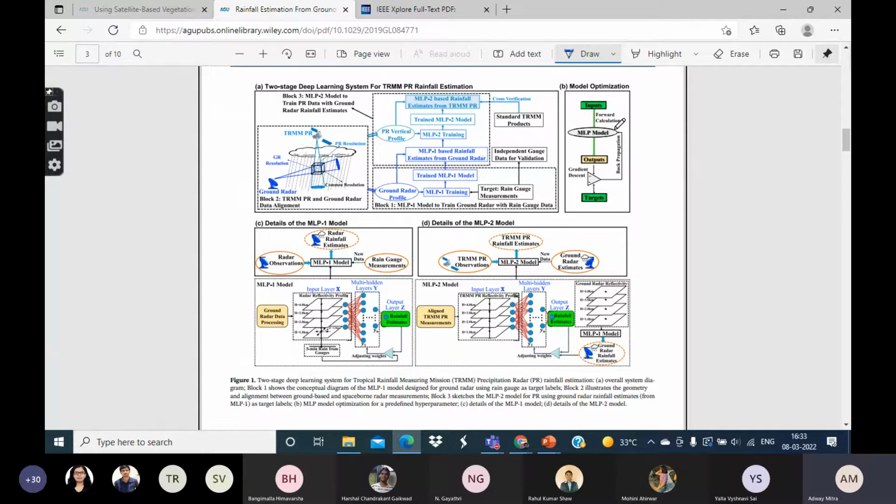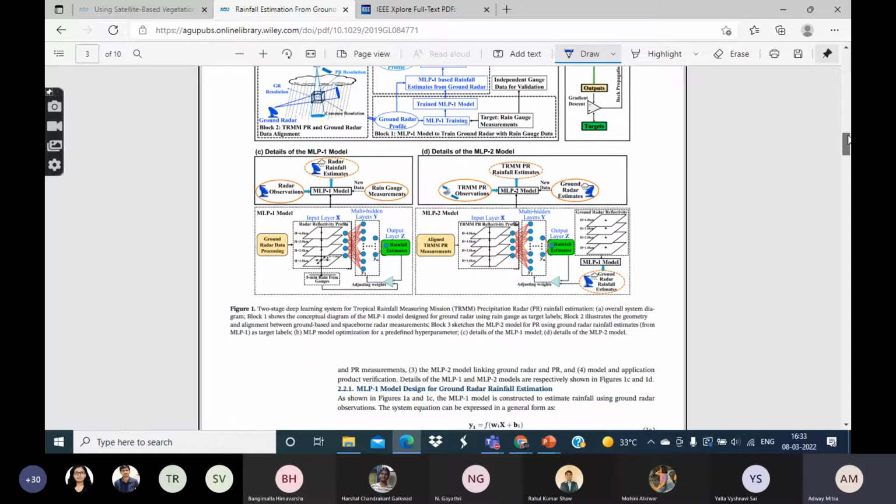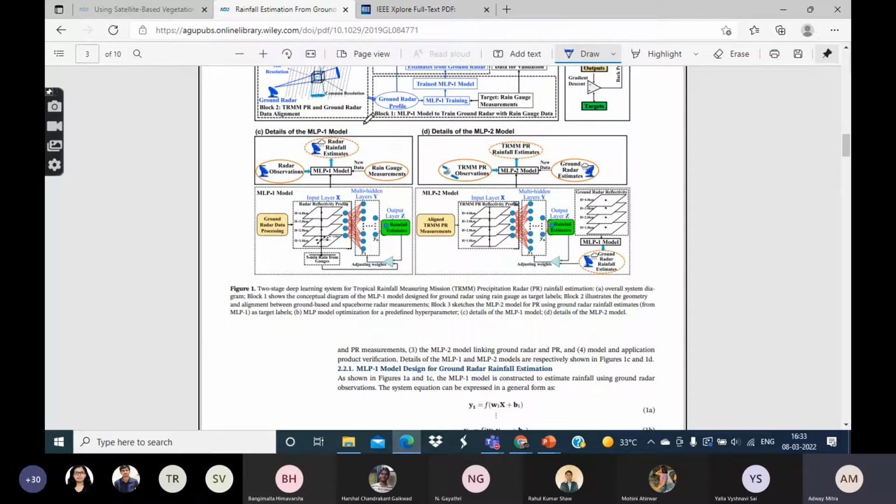That is the standard process of deep learning, which most of you know anyway. So that is done through back propagation. Now, if we come to the details of the two models, MLP1 and MLP2.